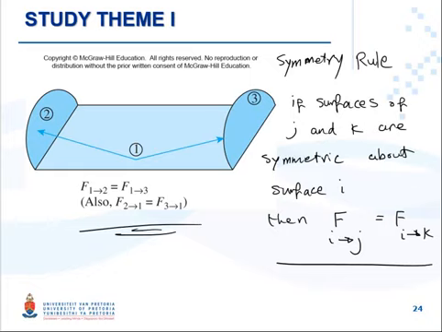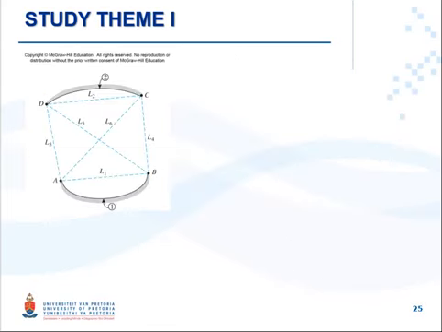Let's speak about the cross-string method and see how we can work it out. Look at this figure. This is figure 13.16 of our textbook. Let's try to see if we can find F12. How can we find it? You see that it's not a standard geometry.